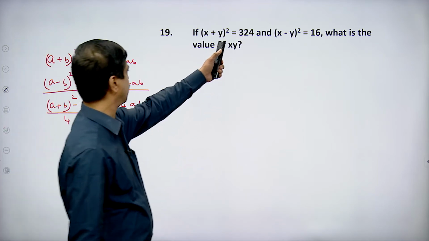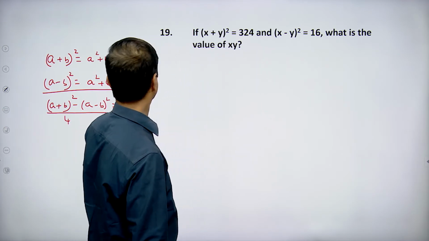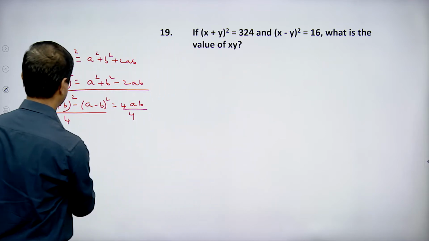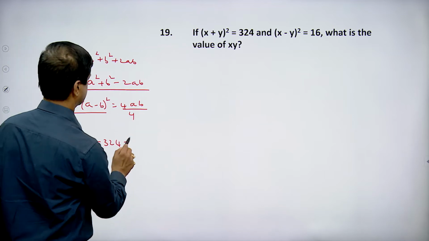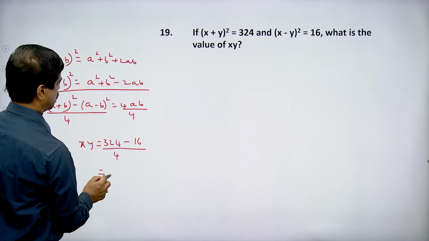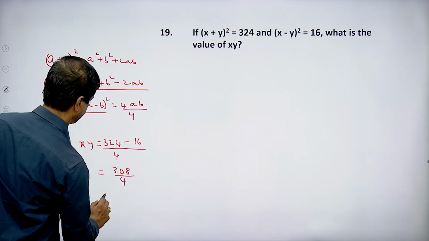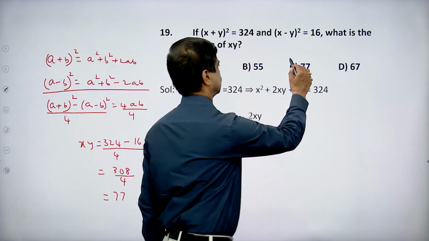So here you have x plus y whole square and x minus y whole square. You want ab, that means xy. xy is nothing but 324 minus 16 by 4. So 324 minus 16 is 308, by 4. So this is 77. So this is the final answer, you get it?